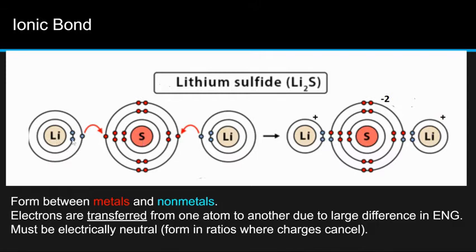We'll need 2 lithium atoms, each giving away a single valence electron, to bond with 1 sulfur atom. The lithium atoms will form +1 charges, and the sulfur atom a -2 charge because it gained 2 electrons. And if we look, two +1 charges and a -2 charge balance out to form an electrically neutral compound.